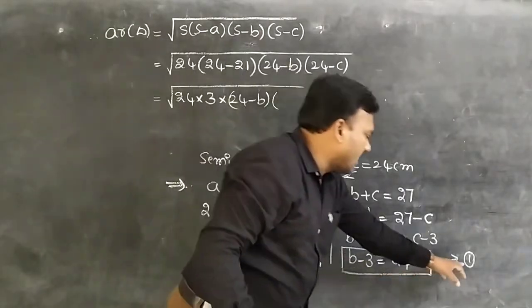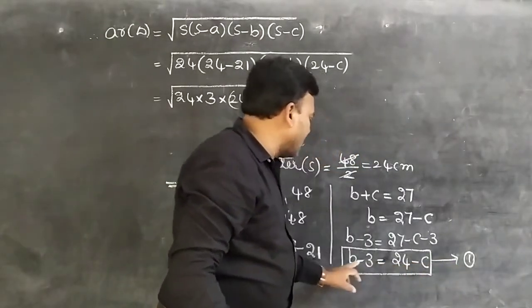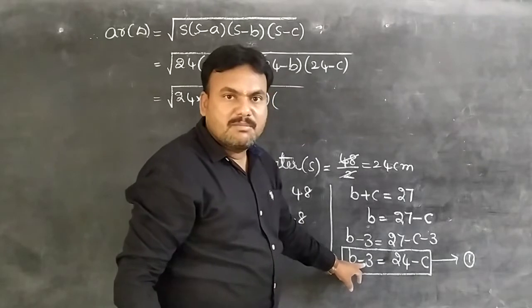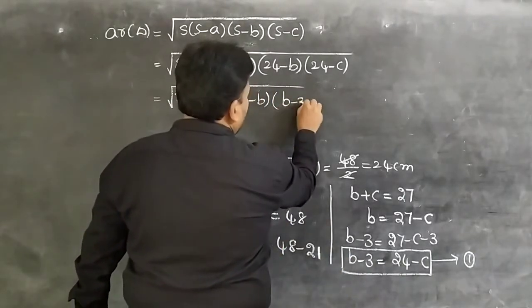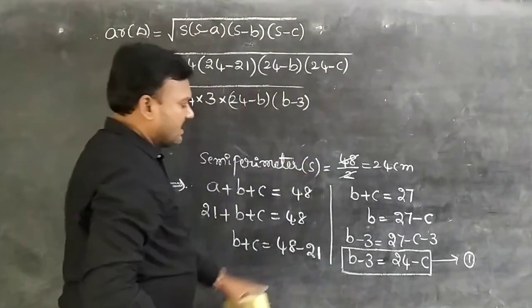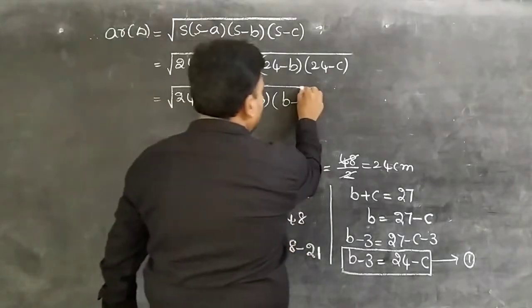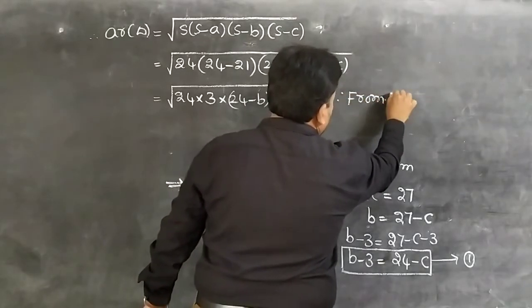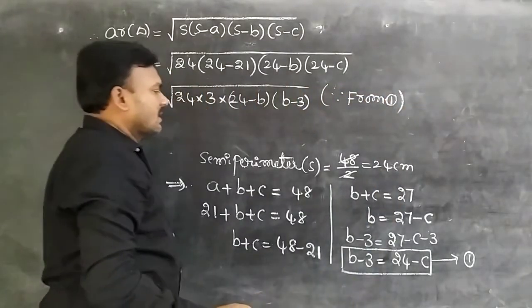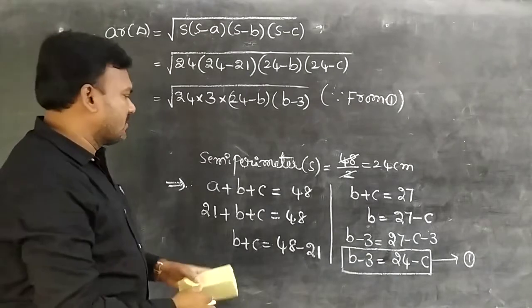From equation 1, 24 minus C is nothing but B minus 3. Isn't it? So here the 24 minus C is replaced by B minus 3, since from equation 1, friend. So this is a very important problem, students.